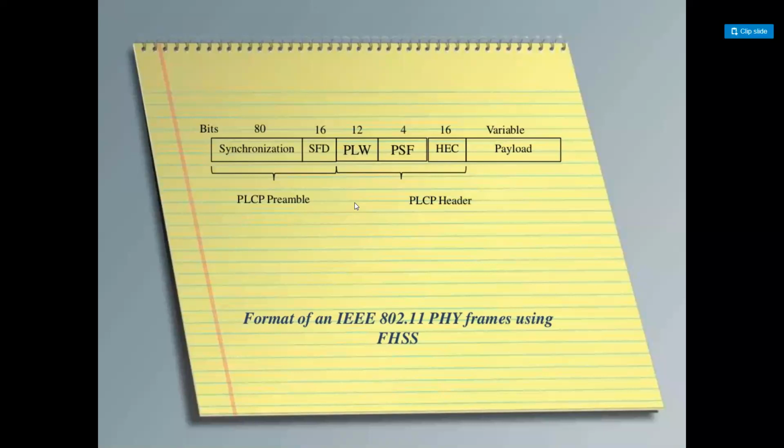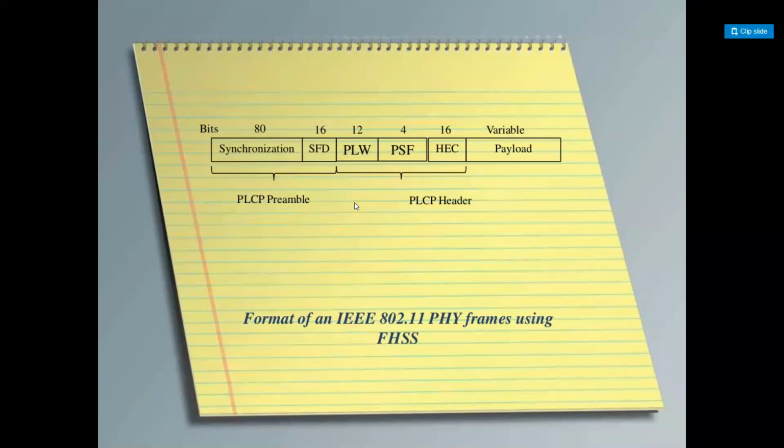The numbers above represent the bits, and the fields are shown. Here we are having two header fields. We know that the rightmost one is the payload, that is the data field. As we know header fields and data fields so far, then what is the preamble? The PLCP preamble is one part and the PLCP header is the other part. Coming to the PLCP preamble.